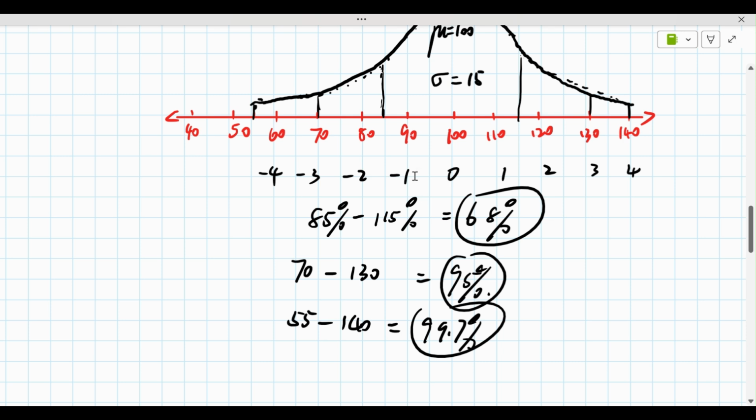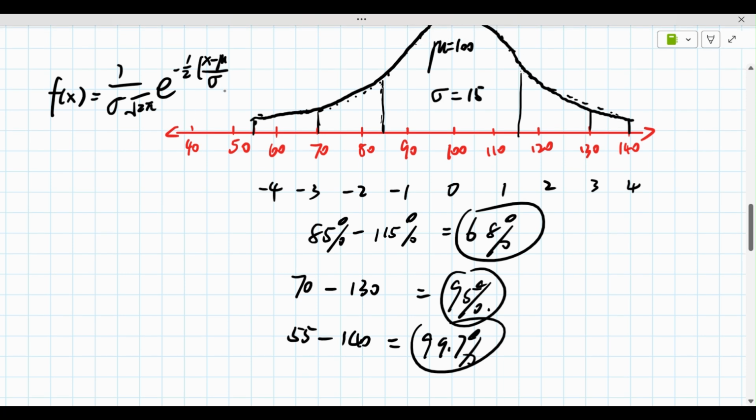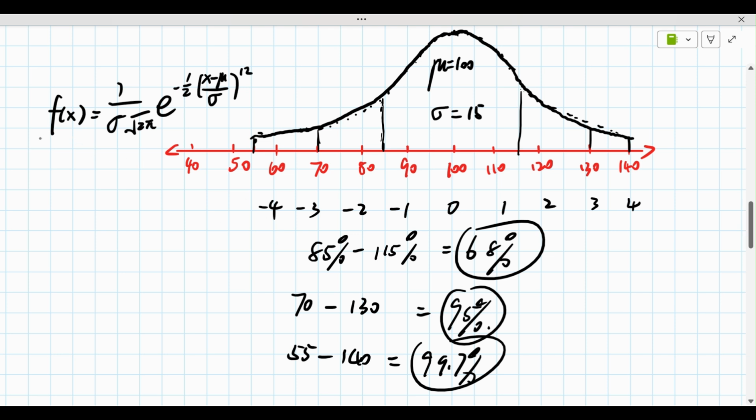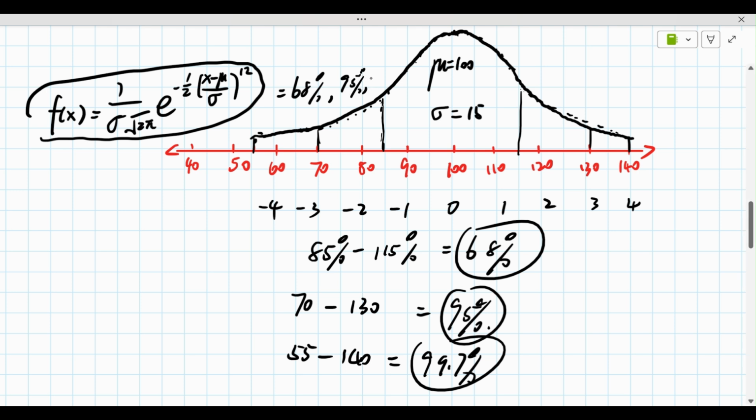Or if you are not sure how to do that, we could use our general graph, which is a function f(x) equal to 1 over the standard deviation times the square root of 2 pi, times e to the negative half of x minus the mean, divided by the standard deviation, squared. We use that to find the anti-derivative equal to 68%, 95%, or 99.7%.